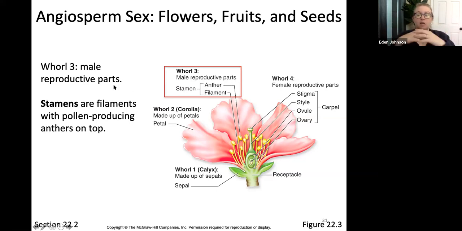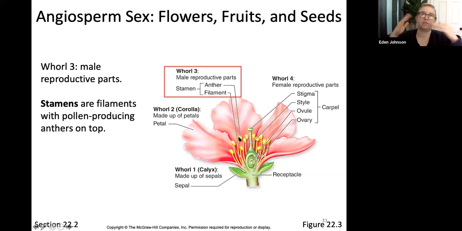So the stamen, you've got two different parts that make up a stamen. So think about the male reproductive system in humans. Is the male reproductive system just made up of a penis? No. You have a whole lot of stuff going on in the male reproductive system. So just like that, in plants you've got your stamen, which is made up of your filament, this long structure, and then the anther, which is at the tip of that stamen.